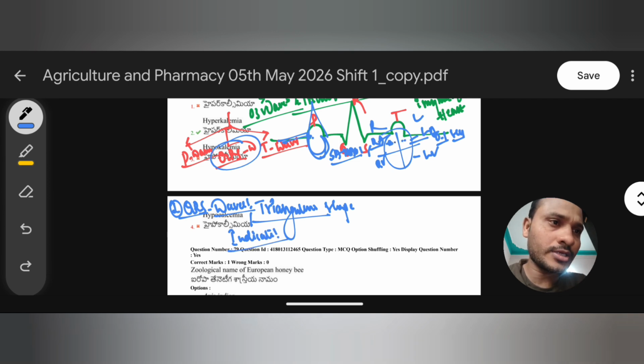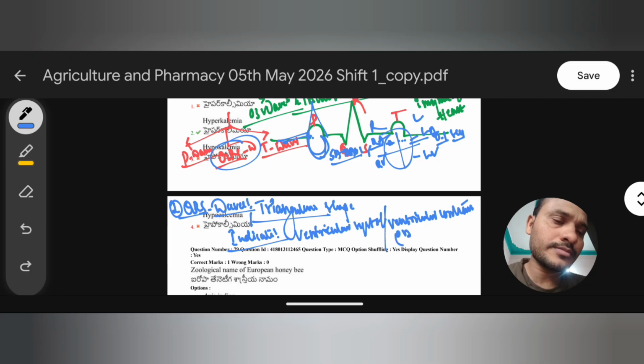The P wave indicates atrial systole, and the QRS wave indicates ventricular systole, also called ventricular contraction, or we can use another term, ventricular depolarization. It generally occurs for 0.3 seconds.